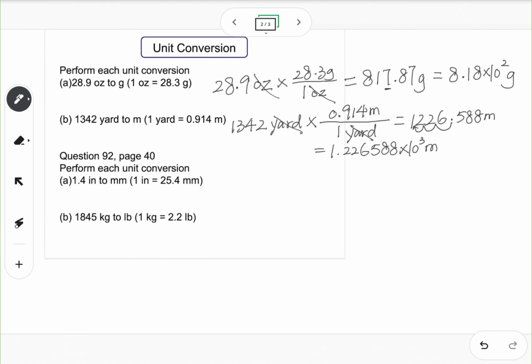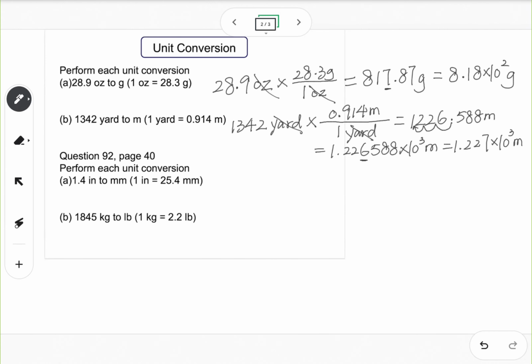And how many significant figures are we supposed to have? Again, please remember these are constants. For this number it's ambiguous, so we can see that this one has 4 significant figures. Therefore, the final answer should have 4 significant figures. That will give us 1.227 times 10 to the third meter.